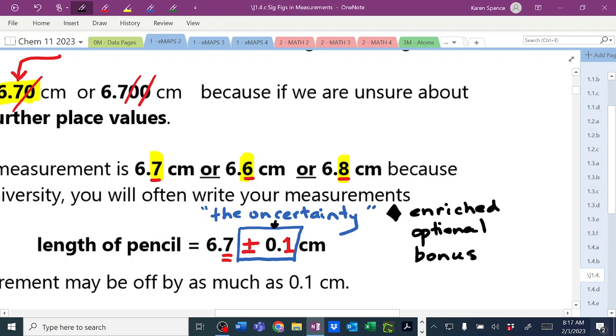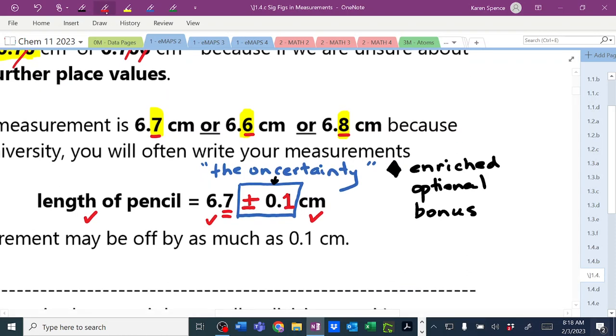However, should you choose not to, you won't lose any actual marks. You can still get 100%. So on a quiz, you would get 1 mark for writing length of pencil, 1 mark for writing 6.7 or 6.6 or 6.8, and 1 mark for writing centimeters. And then the bonus would be if you wrote that uncertainty.